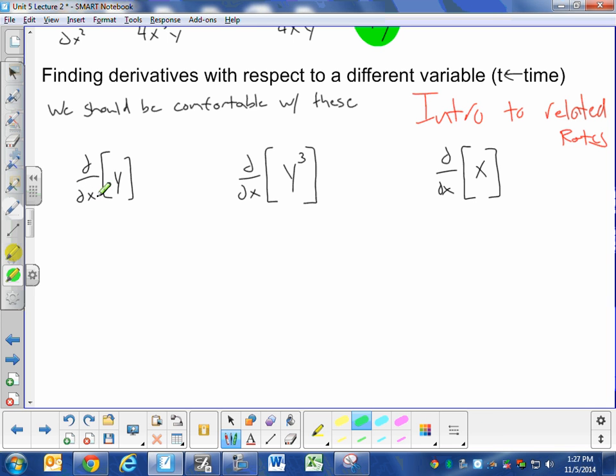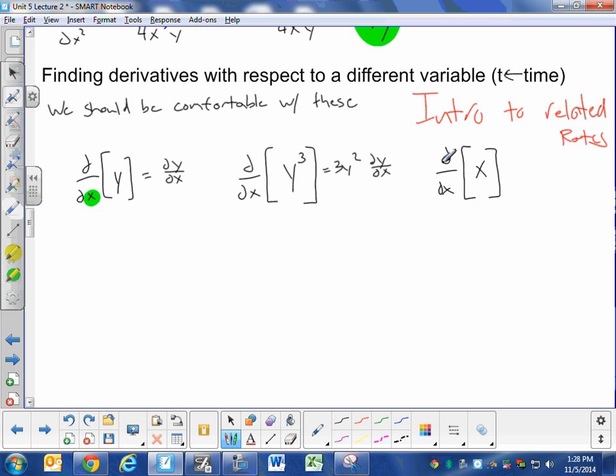It's important that you see this x, though, with y, we know is dy dx. The derivative with respect to x of y cubed, we know, is 3y squared, then a dy dx. Like the chain rule. Derivative of the outside times the derivative of the inside. The derivative of y with respect to x is dy dx.